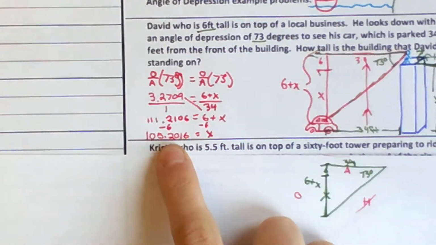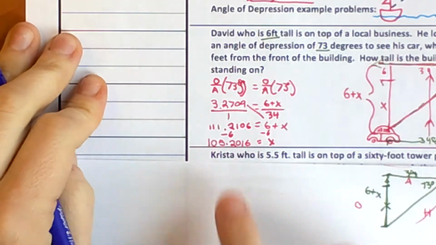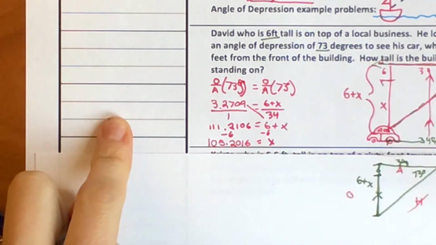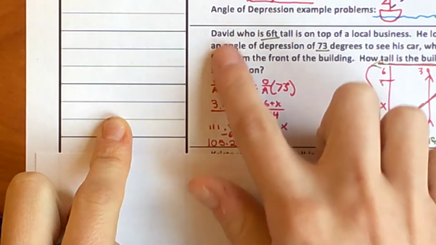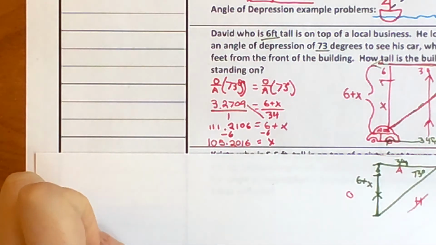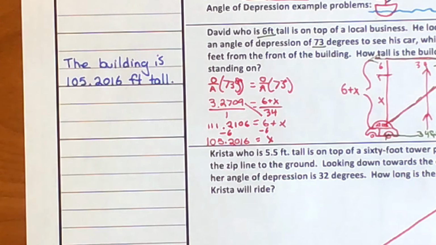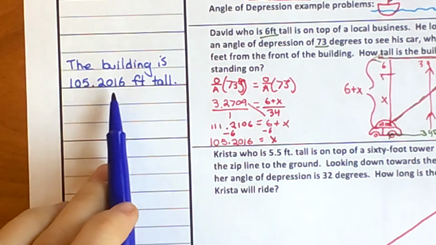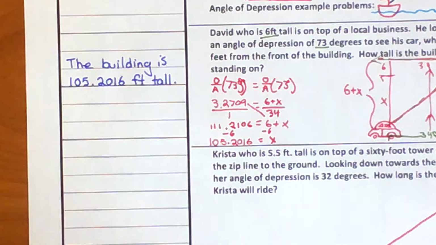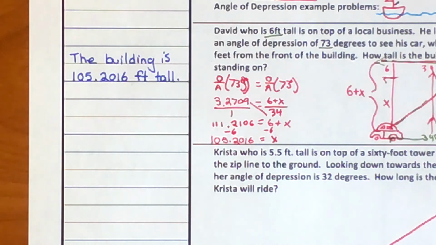So we're going to come over here, and you need to write over here some sort of sentence for your answer. So anytime you have a word problem, you need a word answer. Okay, so I have the building is 105.2016 feet tall. That's as much as you need for a sentence.